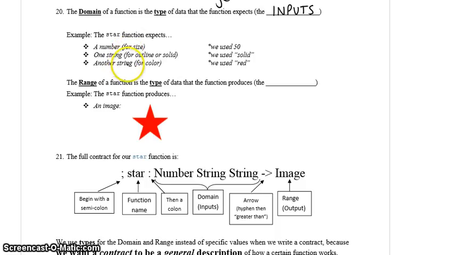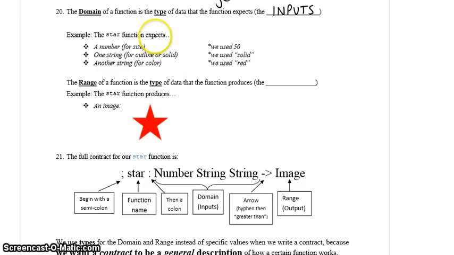And then the third input tells the computer what color to make the image. That should be typed in as a string between quotation marks. If the computer doesn't get what it expects with the star function, or any function for that matter, it's not going to understand.